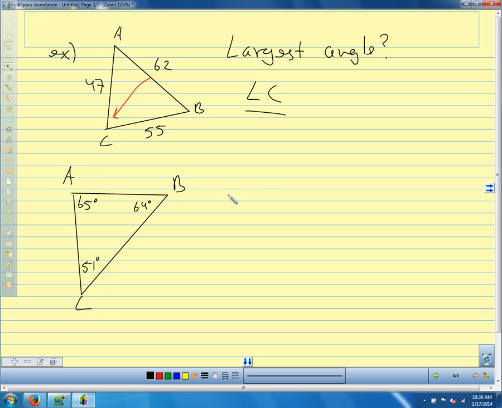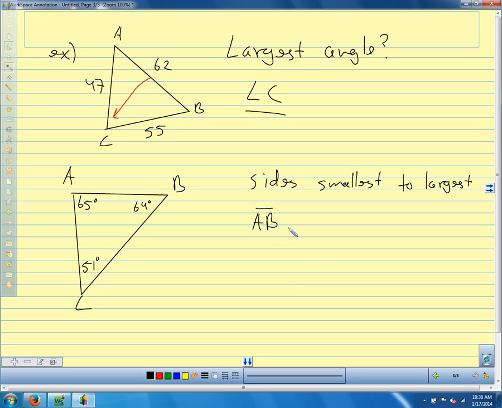And we want the sides smallest to largest. So we're going to list the sides smallest to largest. So what's going to be our smallest side? AB, the side across from the smallest angle.